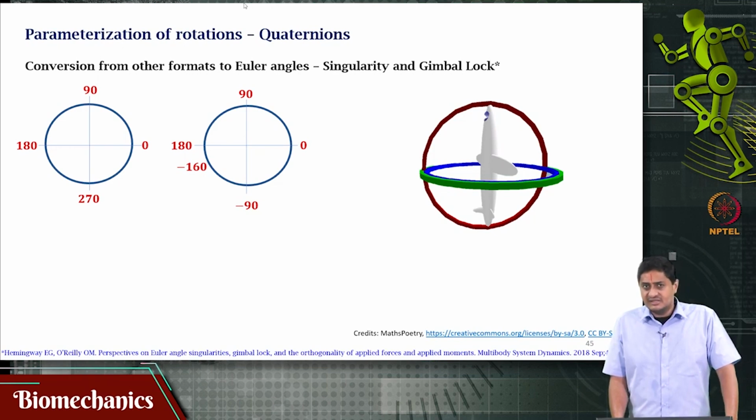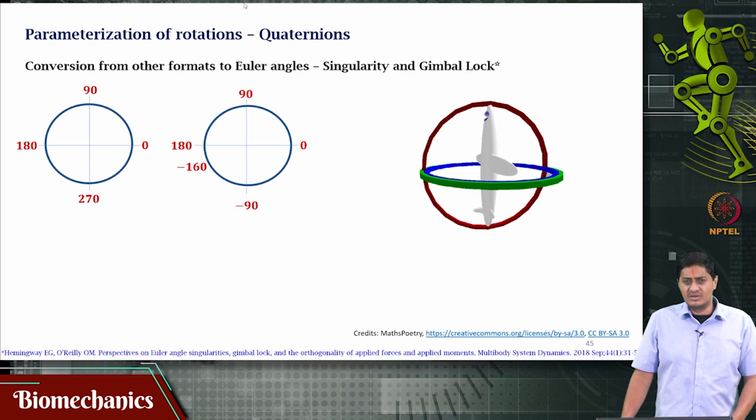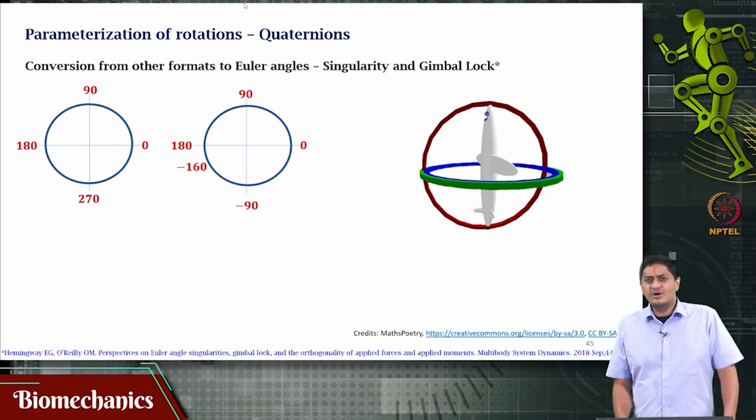Technically, it is a singularity problem, which I called somewhat imprecisely gimbal lock. But in this field, people sometimes use singularity and gimbal lock interchangeably. Even experts and authors in the field sometimes use them interchangeably, although these two things are not exactly the same. So, what is this gimbal lock?